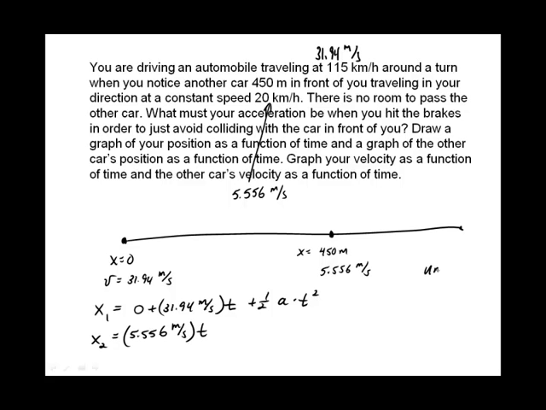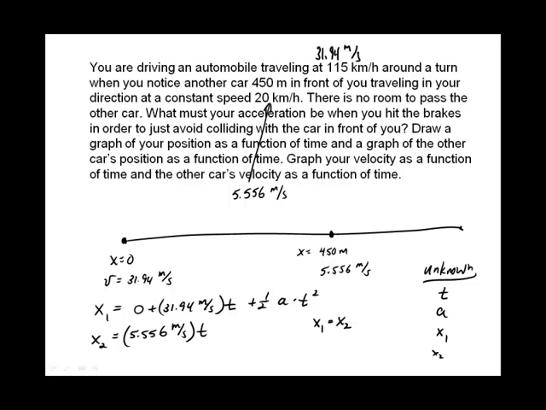So unknown here, I don't know t, don't know the acceleration, I don't know x1, and I don't know x2. What I do know, I'm going to just not hit the car. So at that position, whatever that position is, x1 is equal to x2.